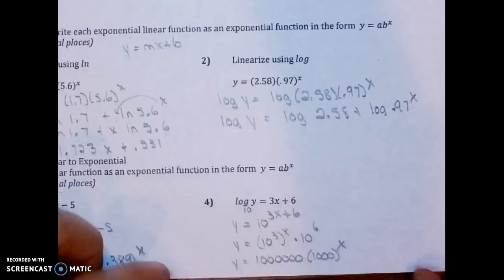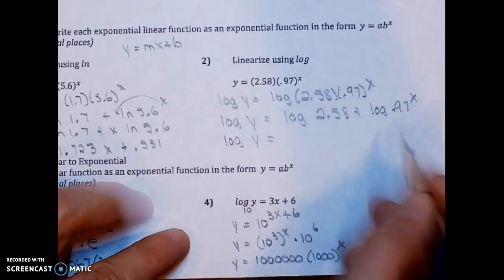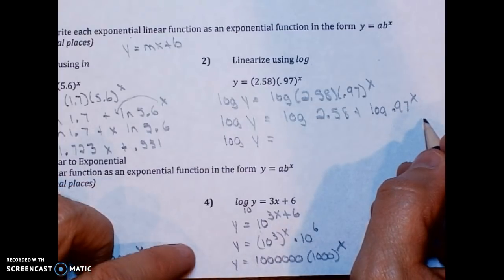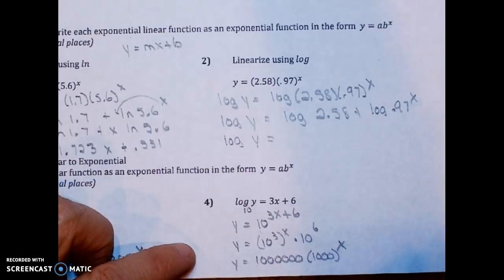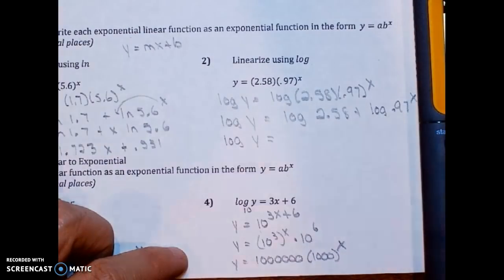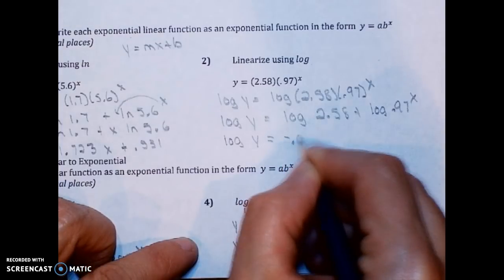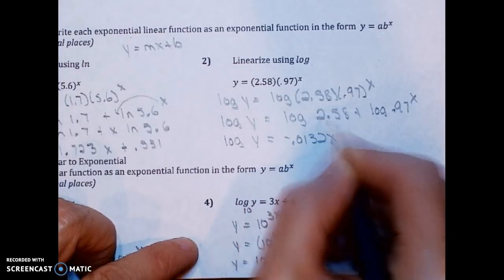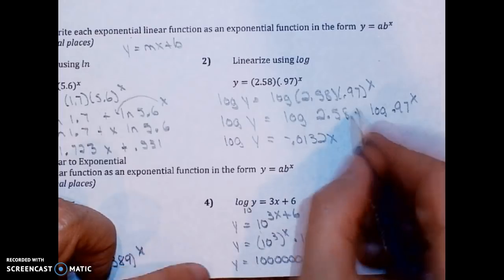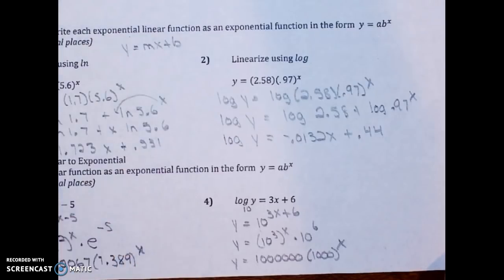I'm going to bring that x to the front. Log of 0.97, I'm going to type that in my calculator. I get negative 0.0132x. If I type in log of 2.58, I get 0.44, and now I've got a linear equation.